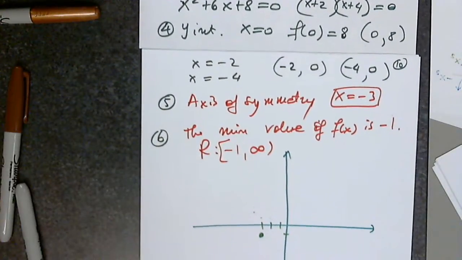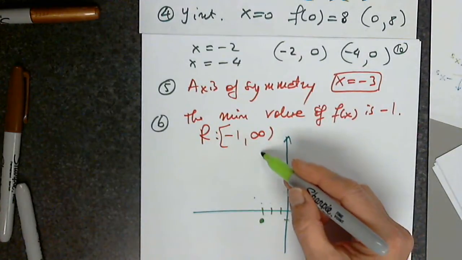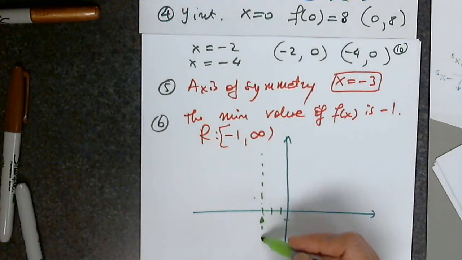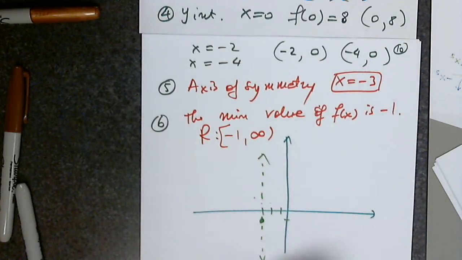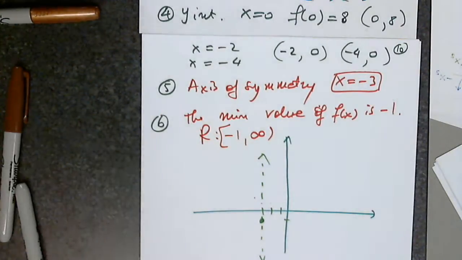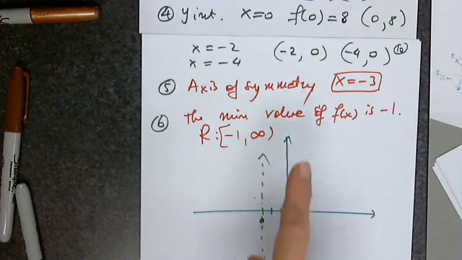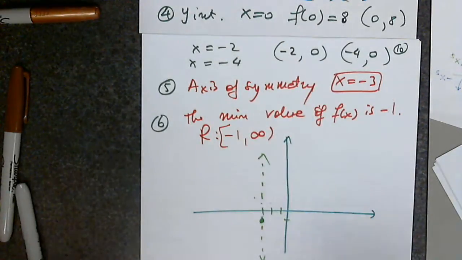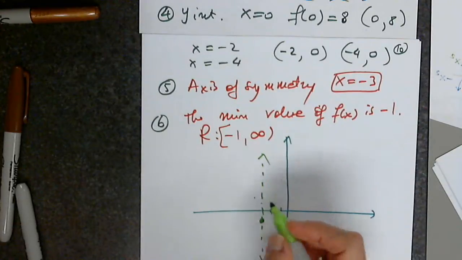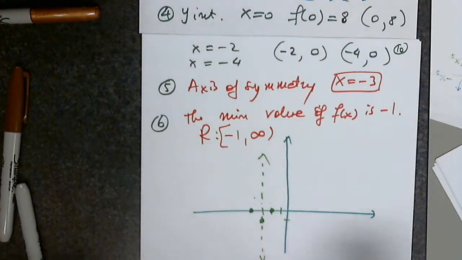I continue with the axis of symmetry, which is not part of the graph. It will only help me keep the graph in shape because it has to be symmetric with respect to this line. Then I have two x-intercepts, -2, 0, and -4, 0.